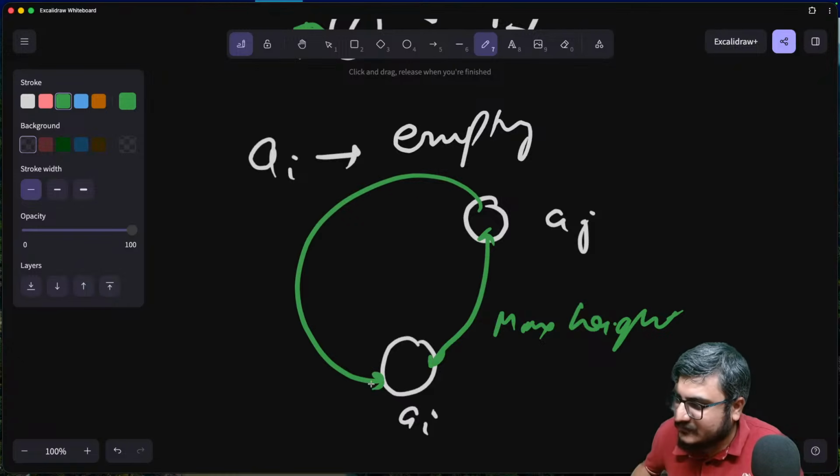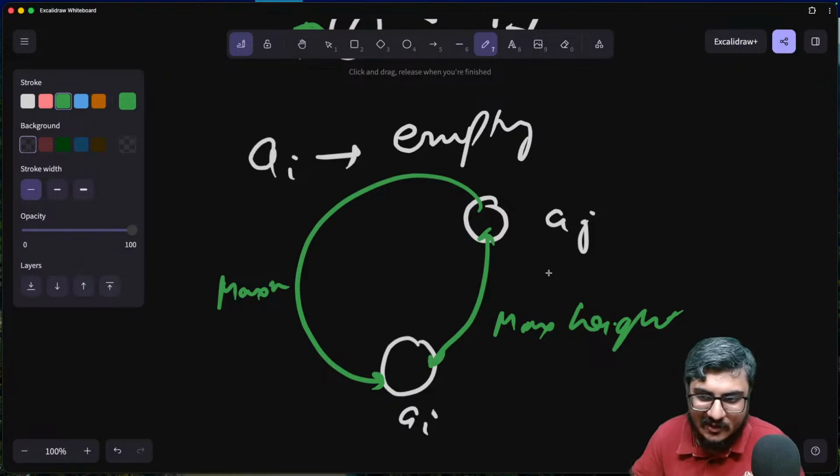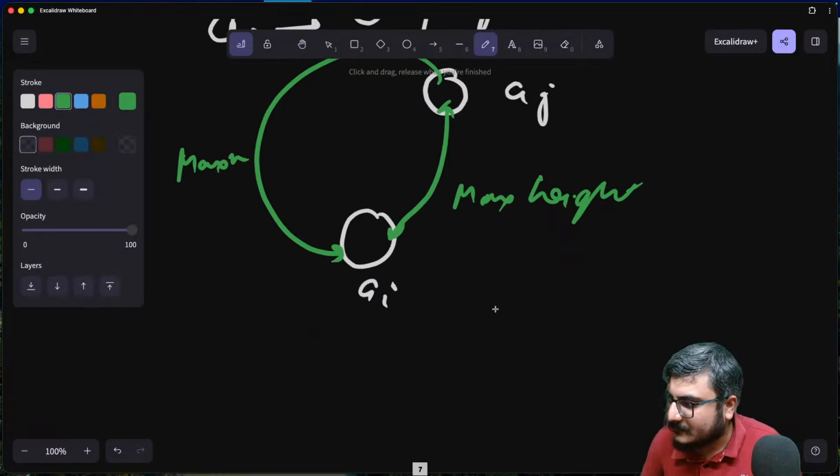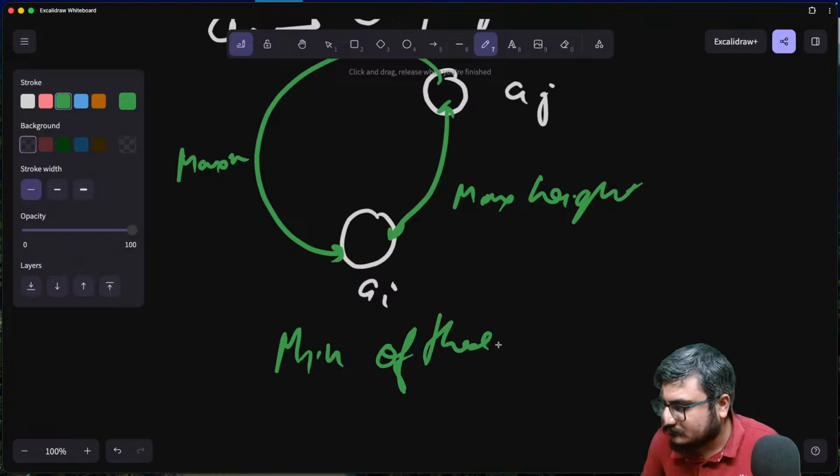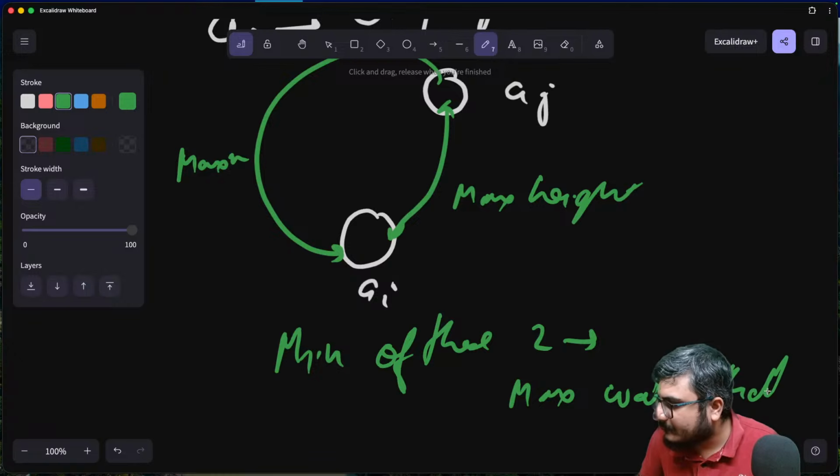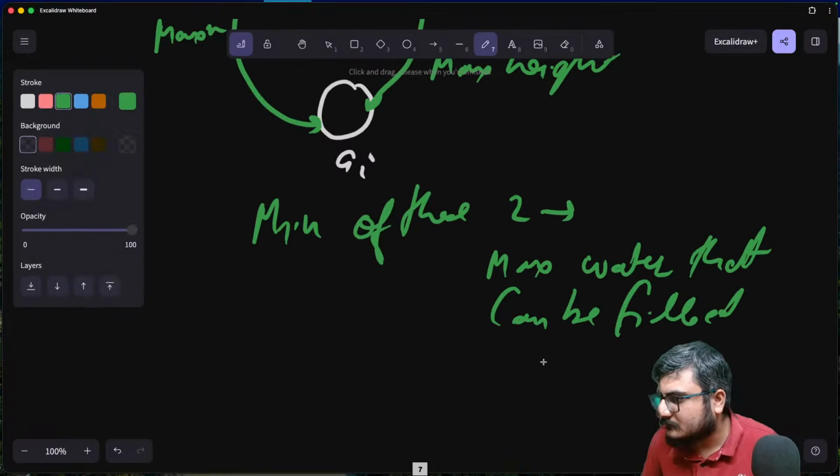Find the maximum height on this side of the circle. And take the minimum of these two maximum heights. That's the water you can fill without breaching. It's the maximum water that can be filled in AJ.